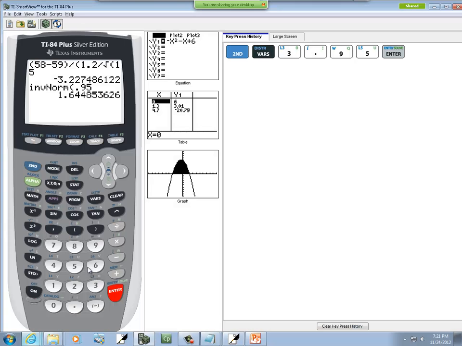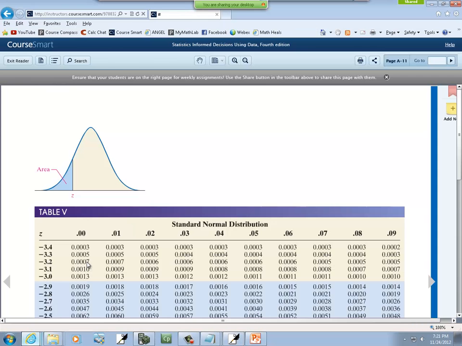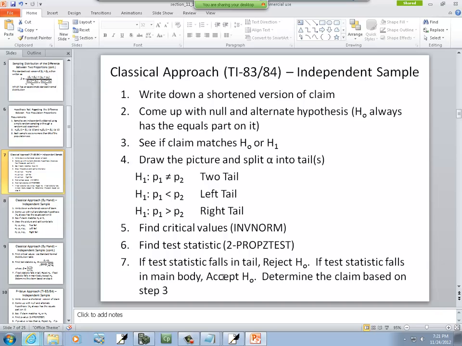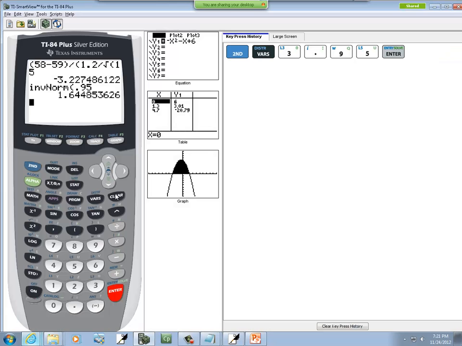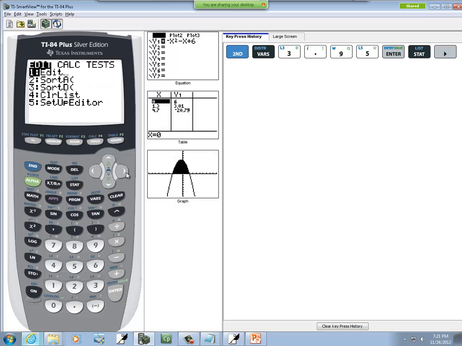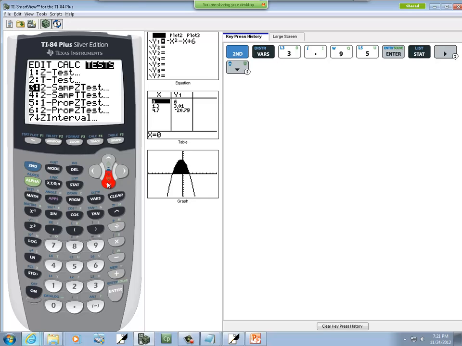Now our test statistic. If I get back there, it says to use 2-prop z-test. So let's go take a look at that. If I press stat, go over to test, 2-prop z-test. It's like number 6 on my calculator.